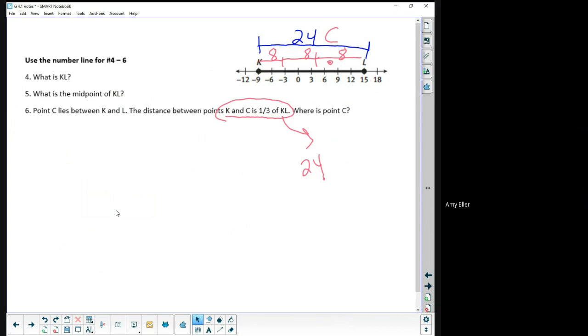Point C is 1/3. So of those 3 chunks, it's one of those thirds away. So what would 8 away from this number be? Yes. Again, that's kind of tricky. Kind of a couple steps to it. Not a major part, but you'll still see occasionally.